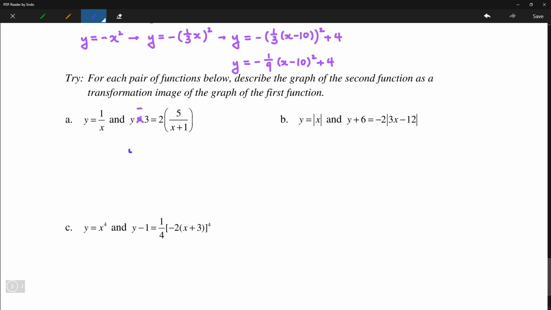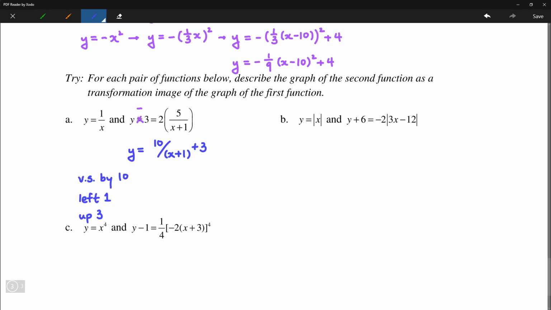If we multiply it out, this would be 10 over x plus 1, and then plus 3. So the 10 is multiplied, so that will be a vertical stretch by 10, because 2 times 5 is 10. The x plus 1 means the graph moves left 1. And finally, the plus 3 means the graph moves up 3 spaces.